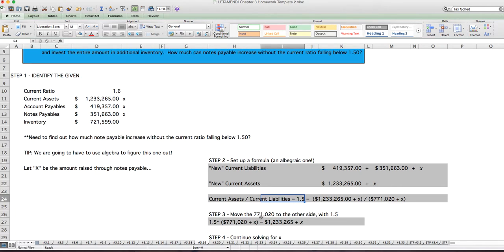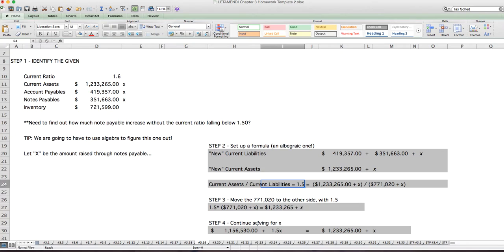When you move the 771,000 to the other side, we now have 1.5, which is brought down from here, our threshold for the current ratio, times, in parentheses, $771,020 plus X, equals 1,233,265 plus X.